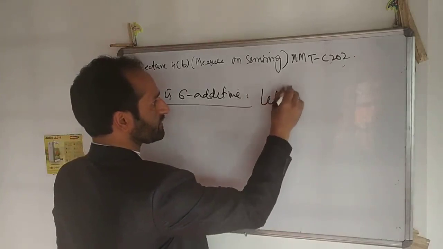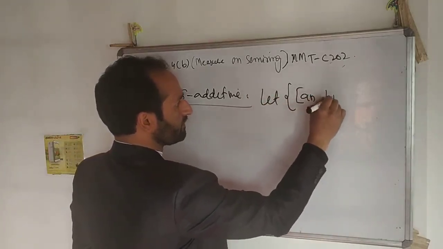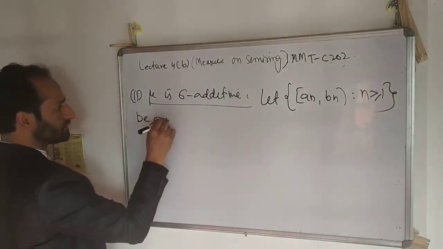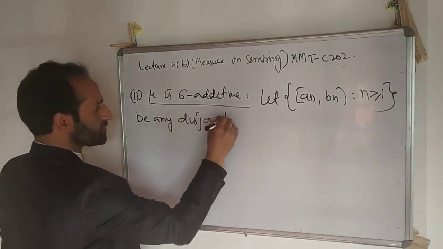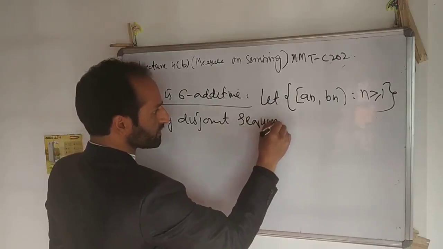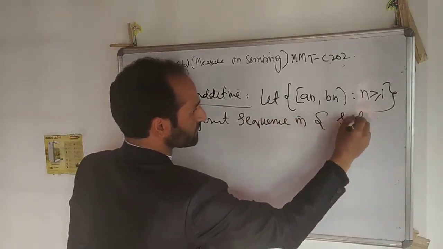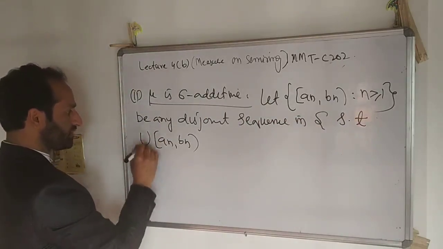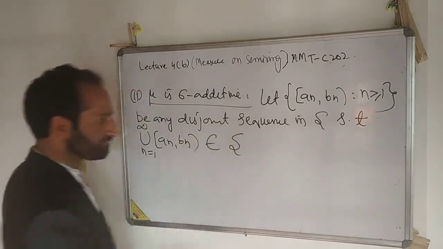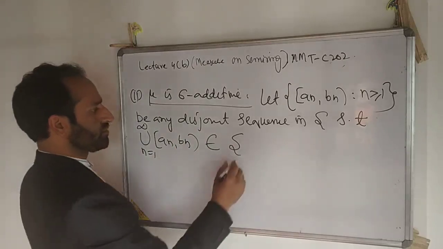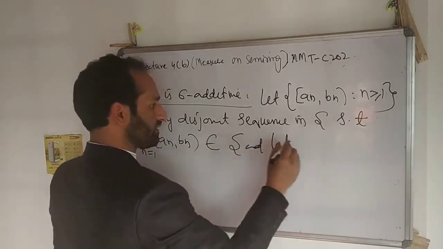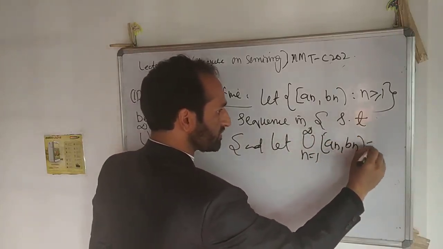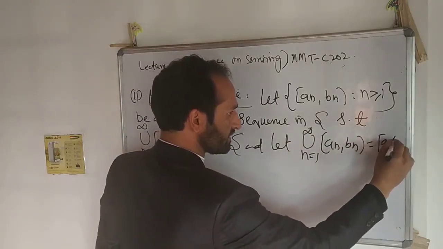Let (a_n, b_n], n greater or equal to 1, be a disjoint sequence in S such that the union of (a_n, b_n], n running from 1 to infinity, belongs to S. Because it is a member of the class of semi-closed intervals, it must be some semi-closed interval. Let's write it as (a, b].